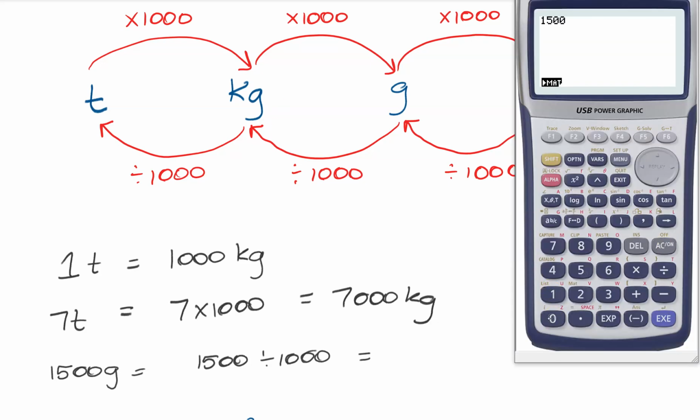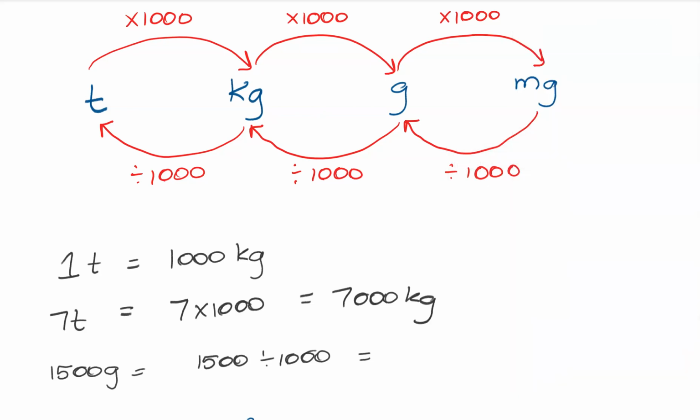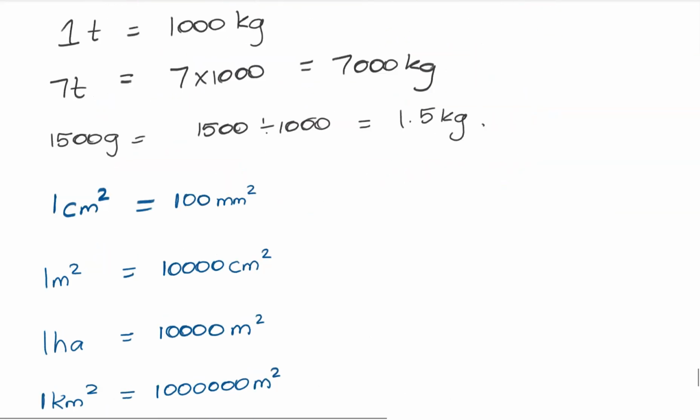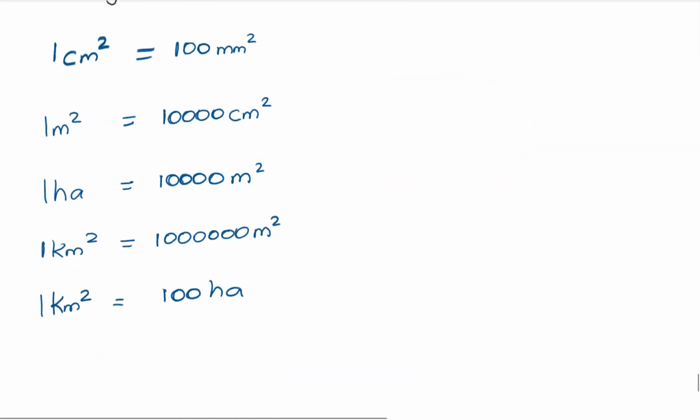We get 1.5. So 1,500 grams is equal to 1.5 kilograms. So you can do these conversions by just using this multiply by 1,000 or divide by 1,000 terminology. And now what I want to do is move on to area.